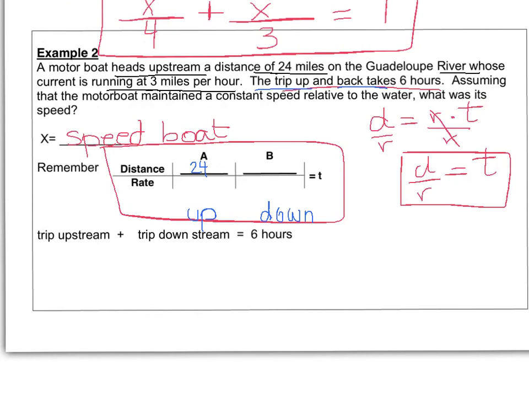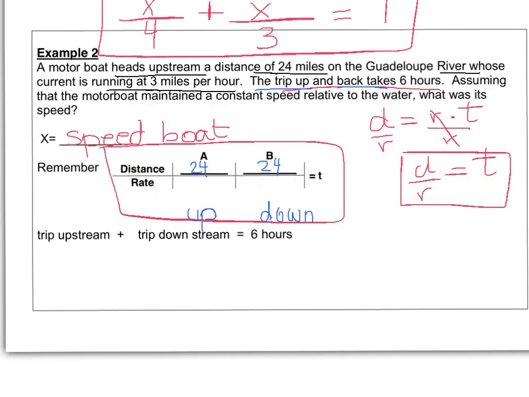Going down is also the same distance, so also the distance is going to be 24. In this table, the top is going to be the distance and the bottom of the fraction is going to be the speed, because distance over speed equals time. So distance over speed should give me time.